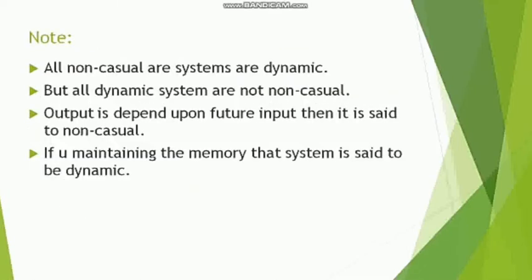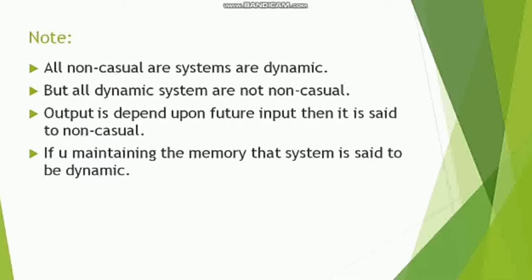I will give some important points. All non-causal systems are dynamic. Why am I saying this? When a system is said to be non-causal, its output depends upon future input.